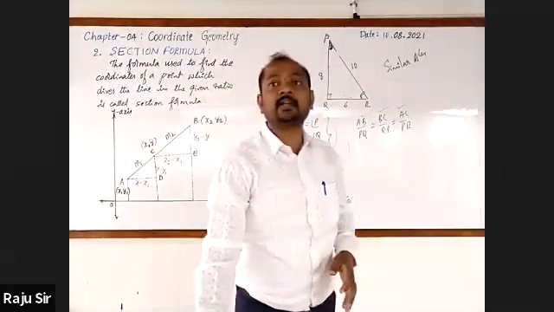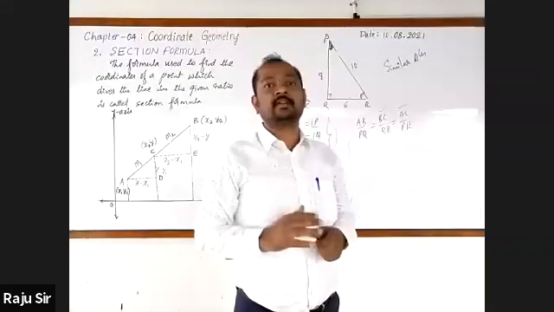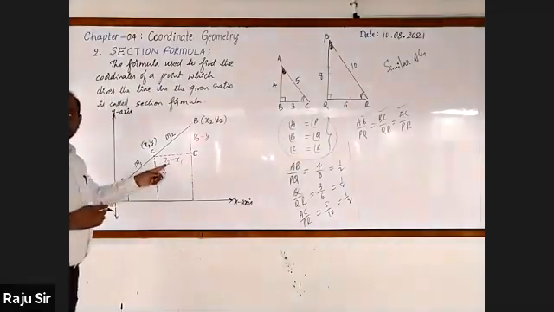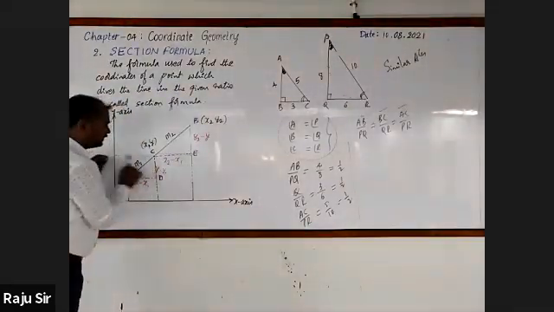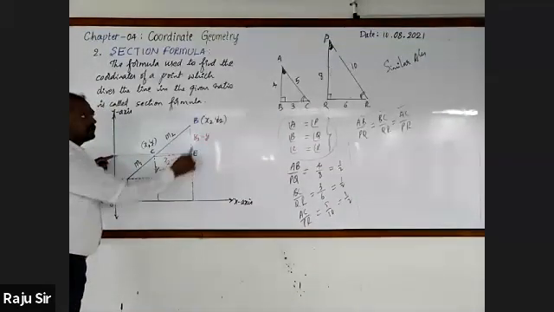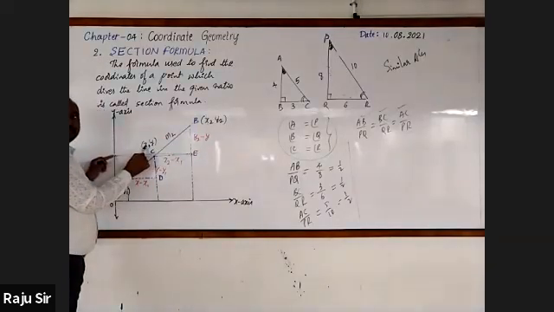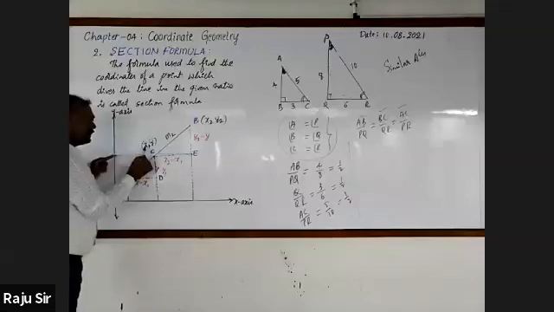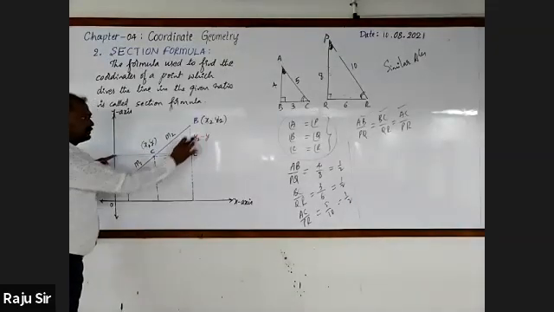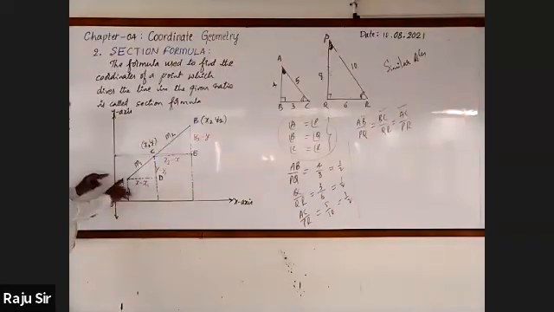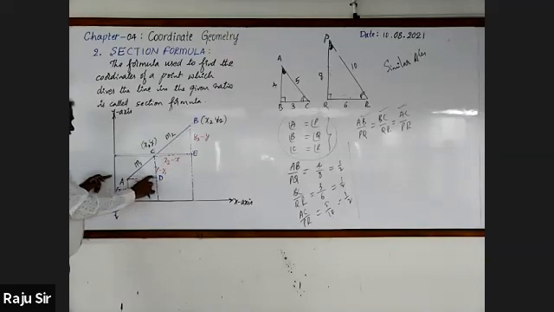This concept you have learnt in 8th standard. This distance from here to here, how much is it? X2. Next, here to here the axis is X. If we subtract X from this total distance, it is X2 minus X. This is X minus X1, correct.